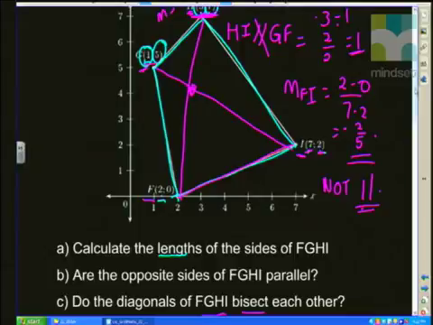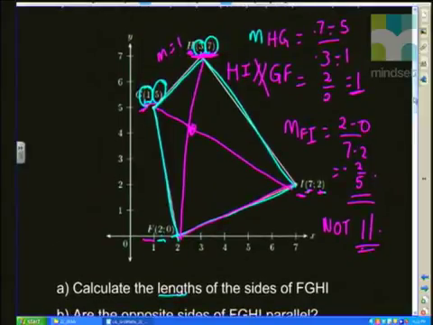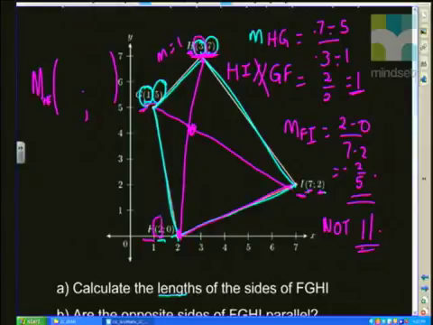Again, I'm going to work on the top here so that we can get everything into our answer without having to go up and down. Okay, so I'm going to look at the midpoint of HF. It's going to be x coordinate at point H plus x coordinate at point F, so it's 3 plus 2, which is 5, divided by 2.